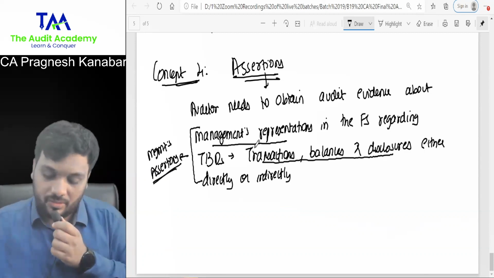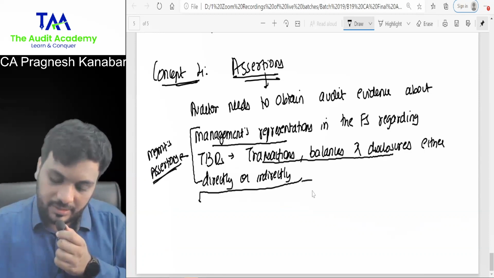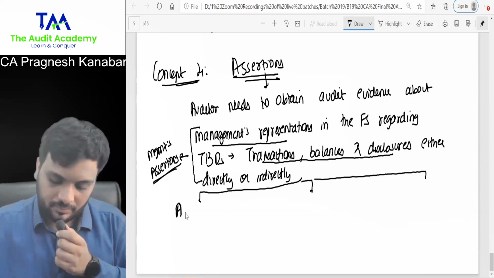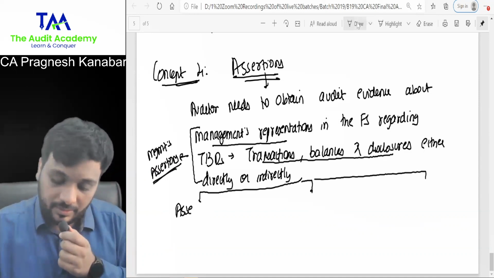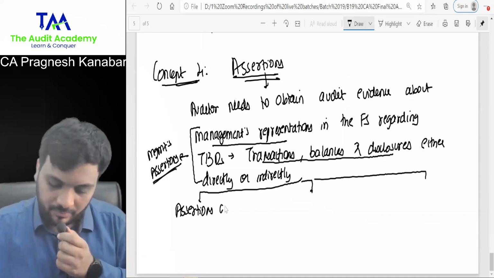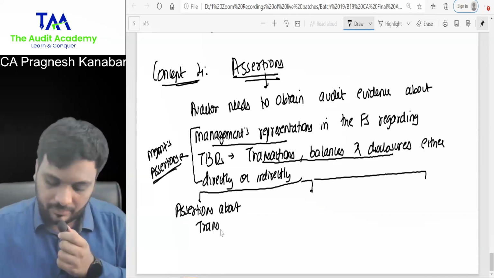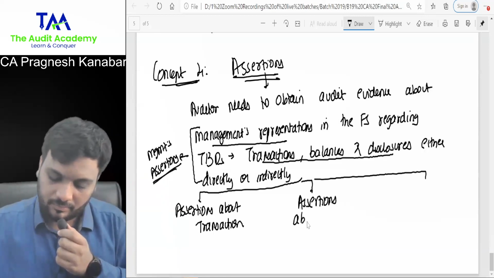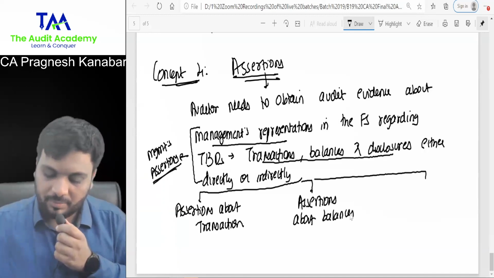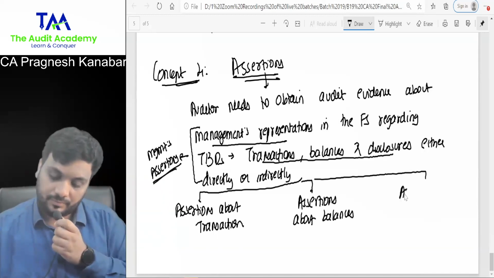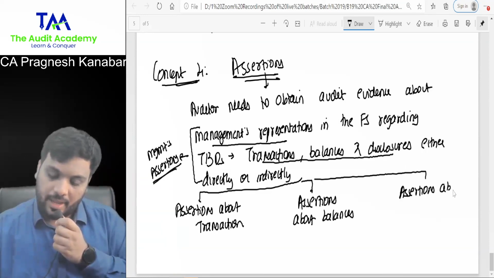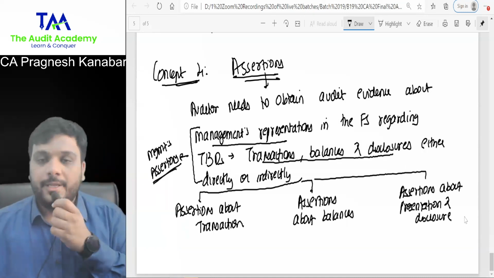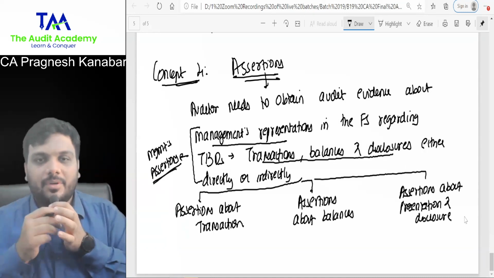All right. So we need to just understand now the assertions about transactions, the assertions about balances, and the assertions about presentation and disclosure.